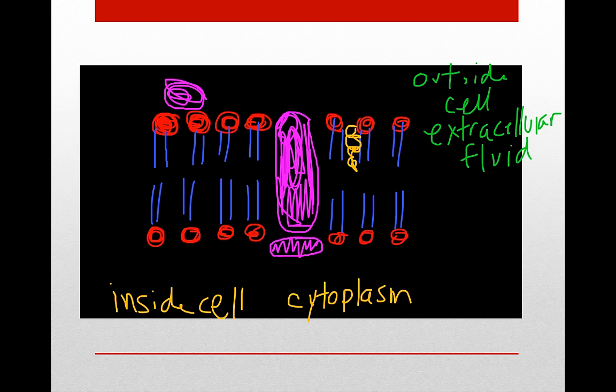And then on the glycoproteins, there's usually some sort of carbohydrate chain, and those are kind of the markers. So your next step here would be to label everything. I'm going to refer back to the picture for your labeling.